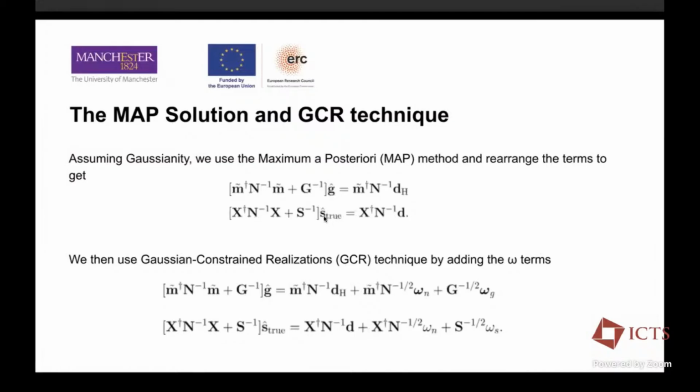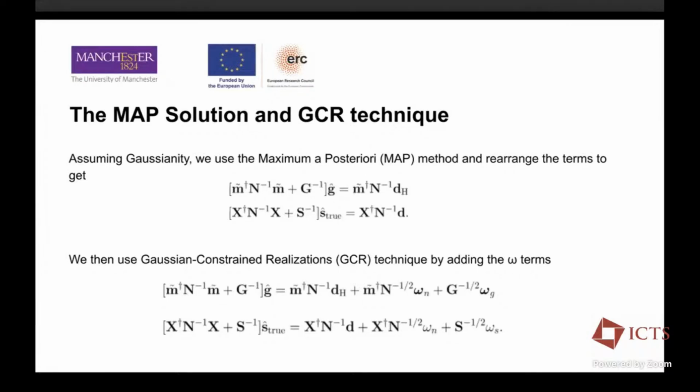G hat and S hat here are the estimated gains and the estimated signal. That is basically the Wiener filter solution, and the terms in the bracket here are the variance. We finally add the Gaussian constraint realization technique by adding the omega terms.